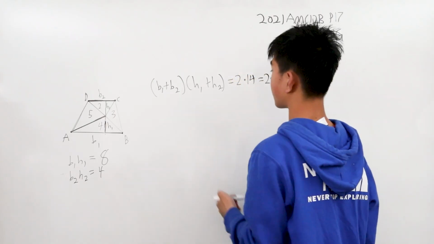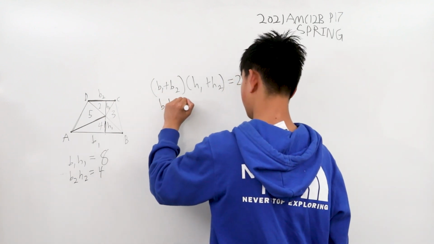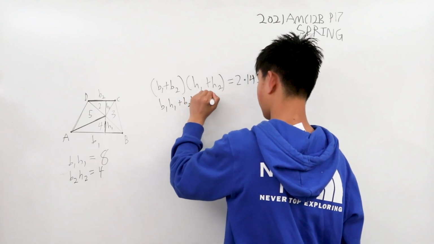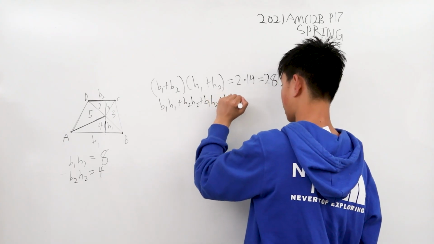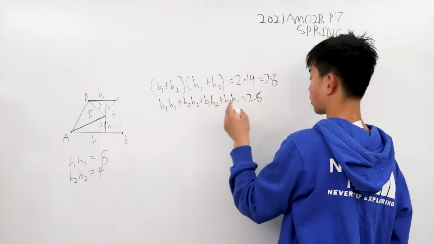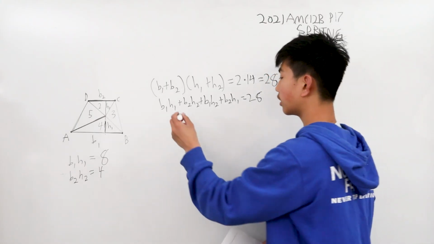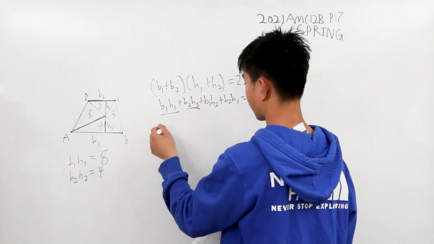When we multiply this out, we get B1H1 plus B2H2 plus B1H2 plus B2H1 is 28. I wrote it this way so it'd be easier to distinguish what values we know. We already know B1 times H1 and B2 times H2, which are 8 and 4 respectively.